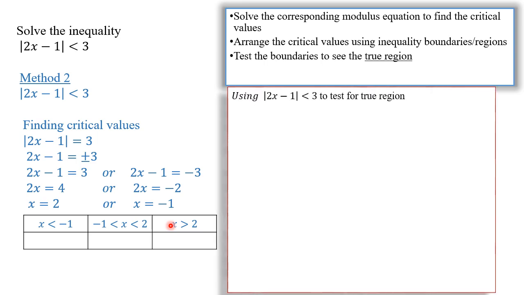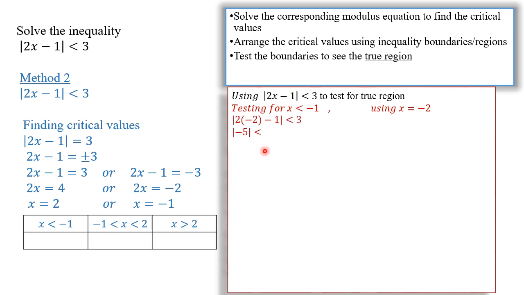Alright, so testing. So we'll be using the inequality that we have here to test our regions. The first region that we are going to be testing is the region of x less than minus 1. So we are going to take a number which is less than minus 1. You can use x equals to minus 2 here and substitute into the inequality here.